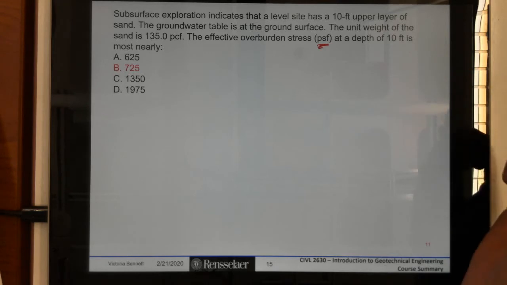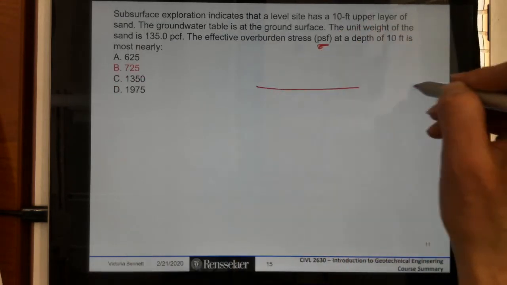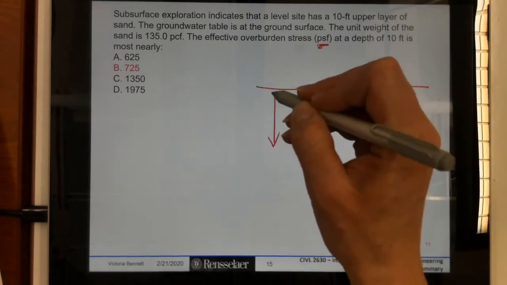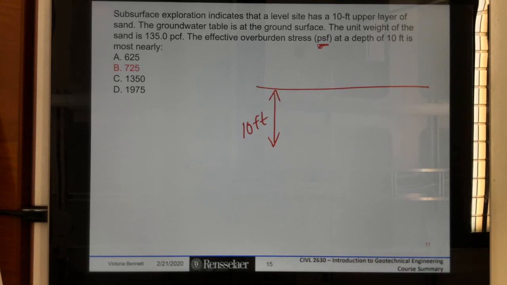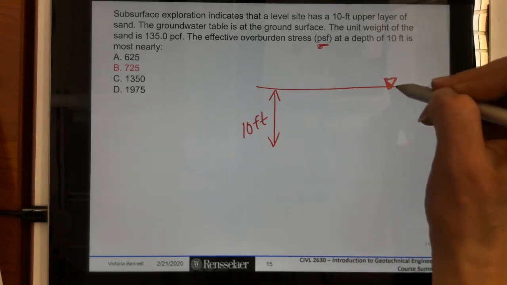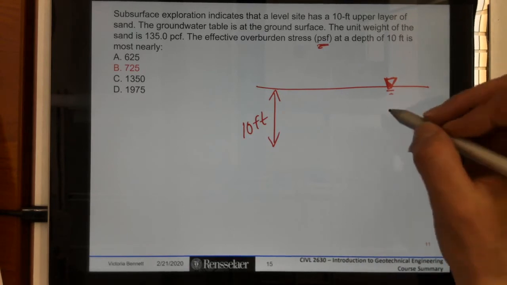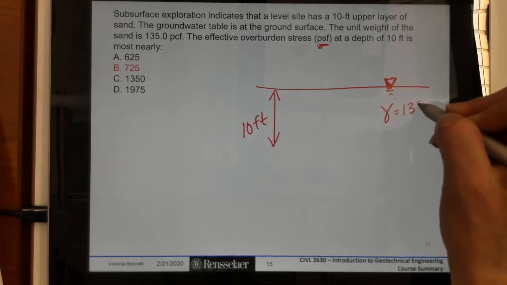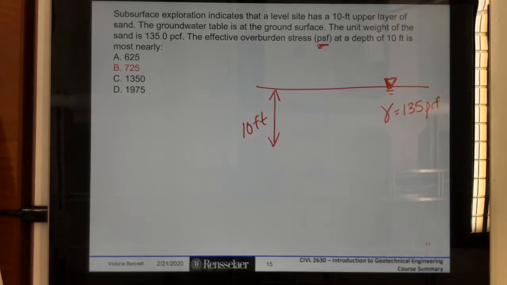So subsurface exploration indicates that a level site has a 10-foot upper layer of sand. The groundwater table is at the ground surface. The unit weight of the sand is 135 pounds per cubic foot. The effective overburden stress at a depth of 10 feet is what?